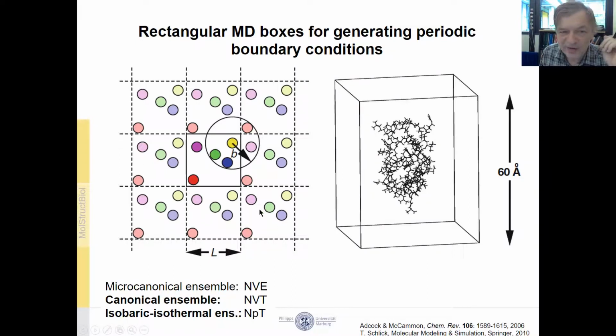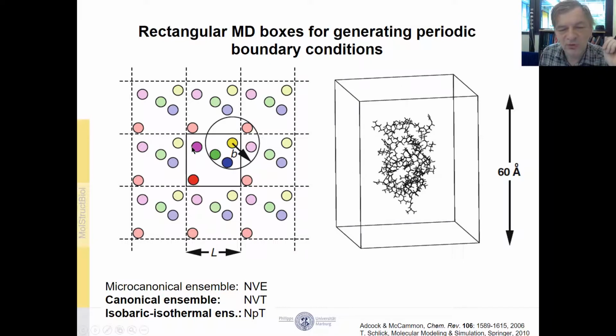They are exactly identical to this box, because you invent a rule indicating that when, for example, this water molecule moves across the border, it enters at the opposite side of the box in the system again.